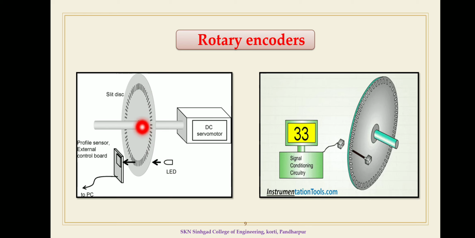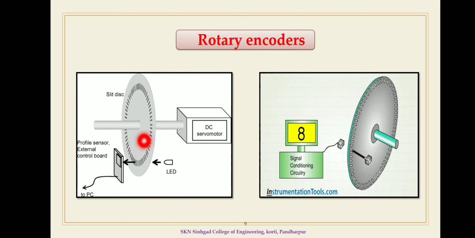The disc has alternate transparent and non-transparent sectors cut on a metal disc. So this is the metal disc. Then the sensor, which is a photo detector that senses the light or no light passing through the sectors of the disc.